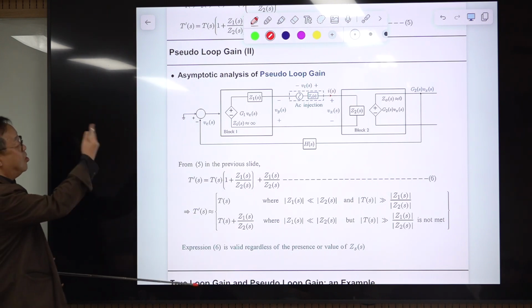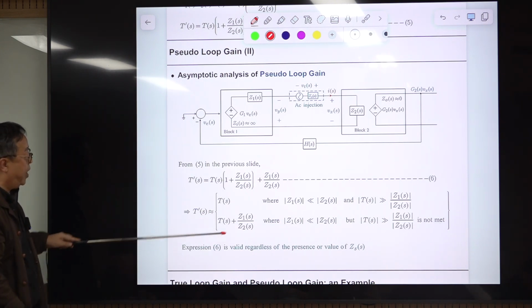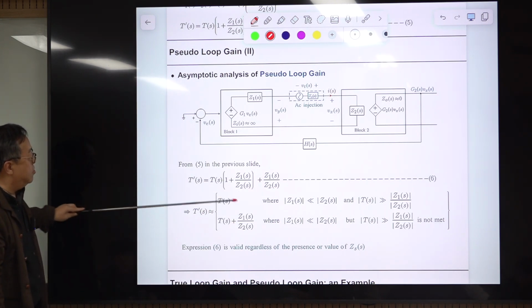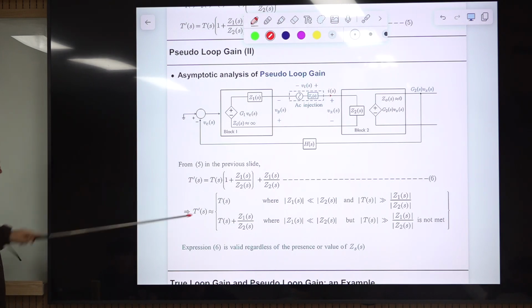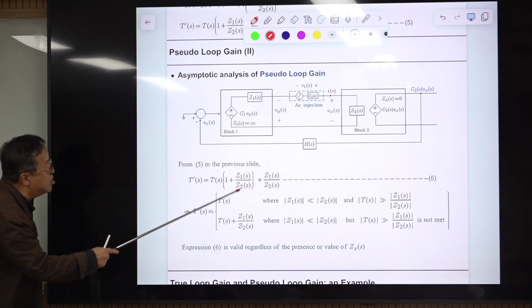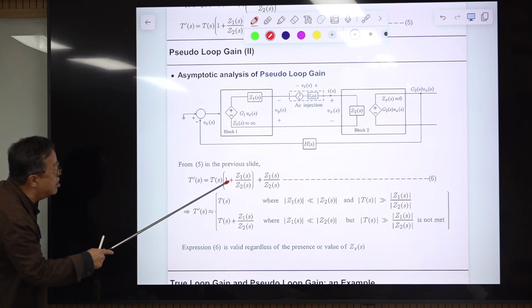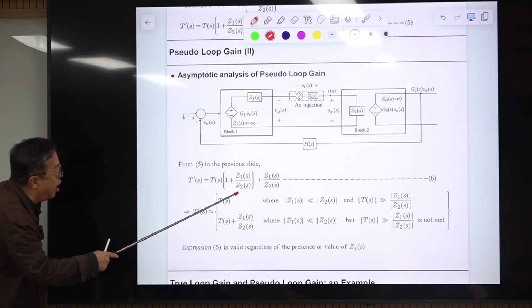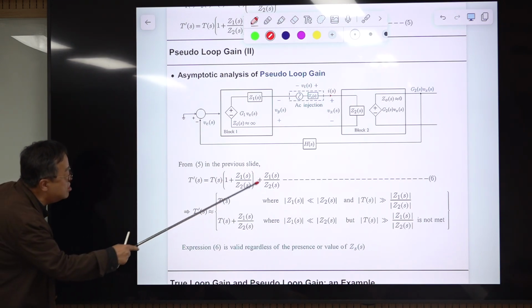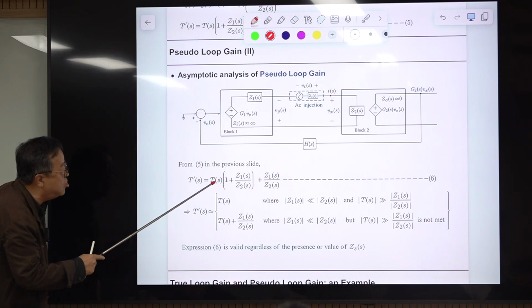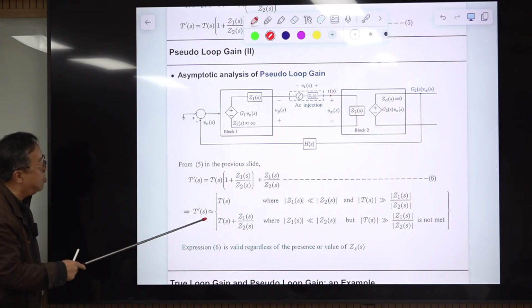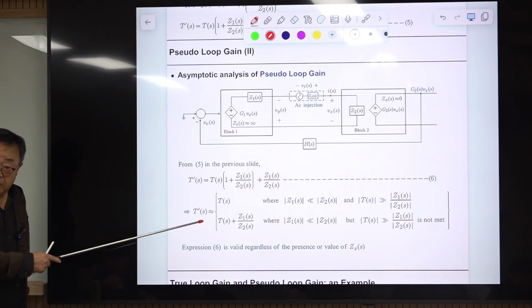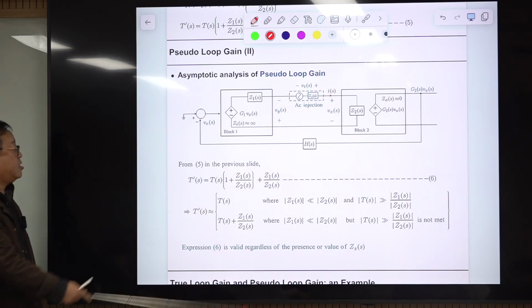Equation number 5 on the previous page is this one, and you divide it into two separate approximations or expressions. When the ratio of this one is much larger than this, then this will be gone, and T prime S is the same as this one. So this is the simplest case.